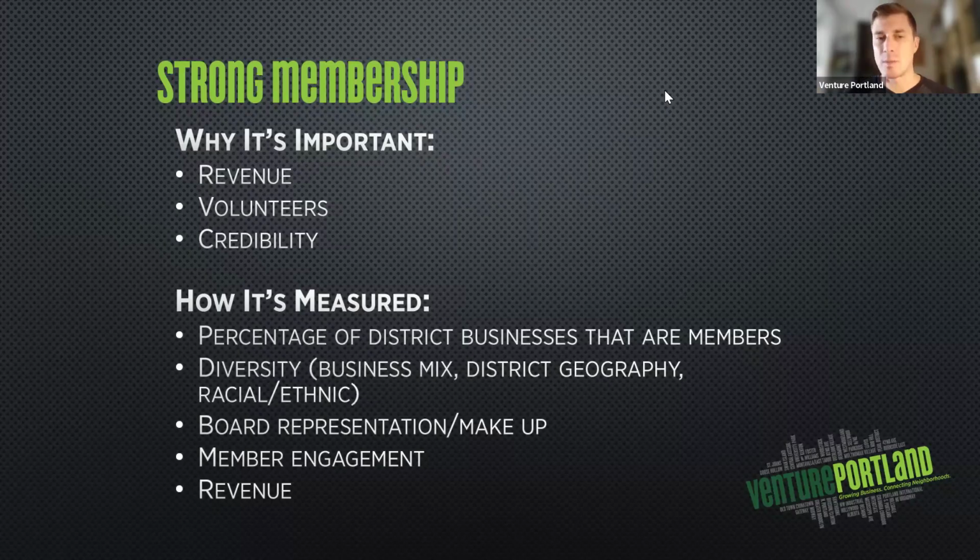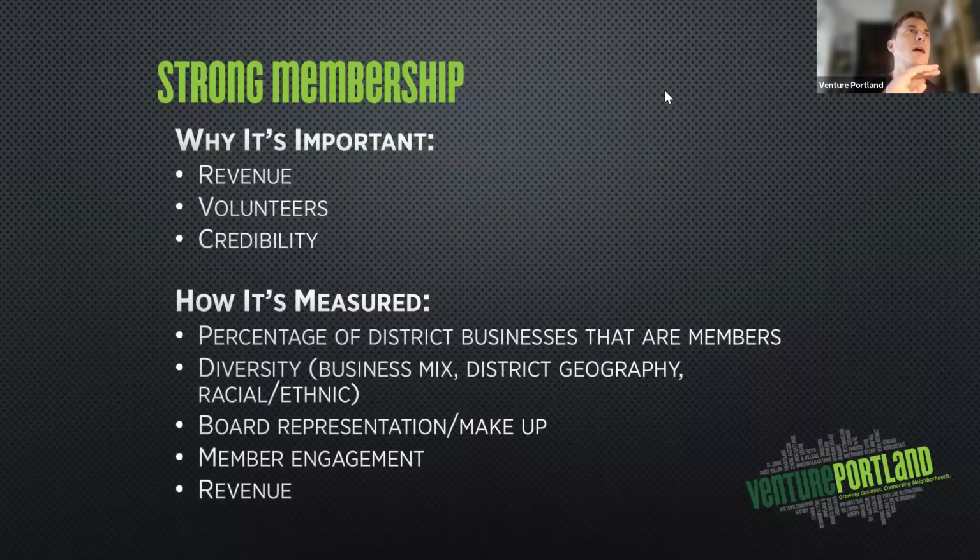So how do you measure strong membership? Well, obviously the percentage of the businesses in the district that are members is really important, right? You want to have a large percentage of the businesses in the district being represented on the association. But you can also measure the membership by the diversity of your membership. So that includes the business mix of your members.